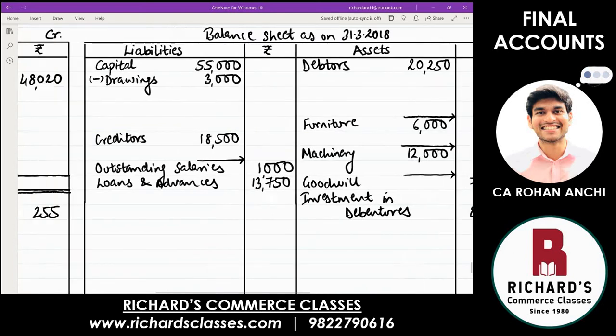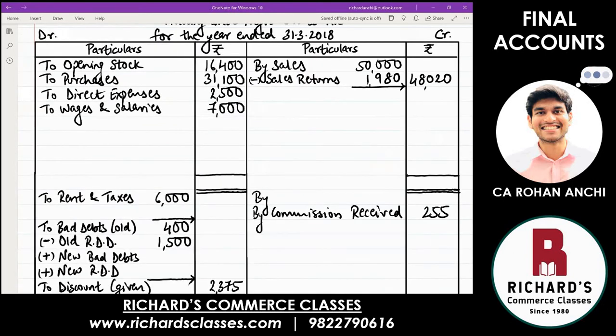One effect is, in trading account, the way you wrote opening stock on the debit, closing stock is on the opposite side on the credit. By closing stock, amount is given to you 17,250. One effect is here. And this closing stock is some surplus goods which you have produced but could not sell.